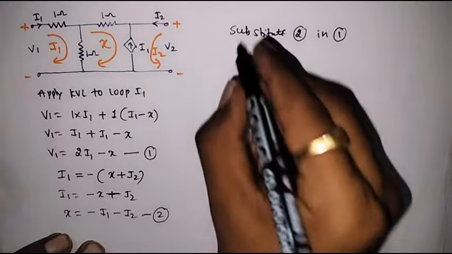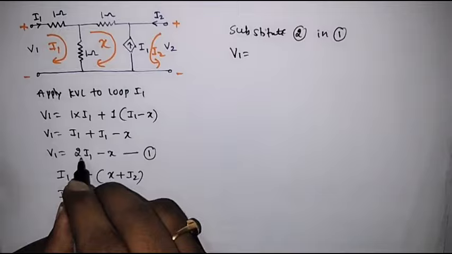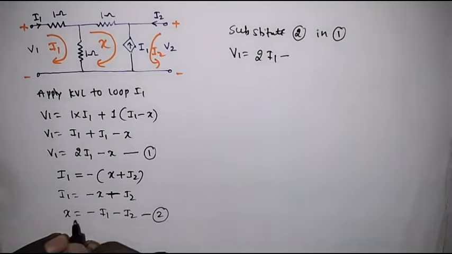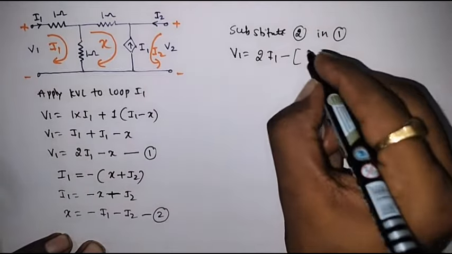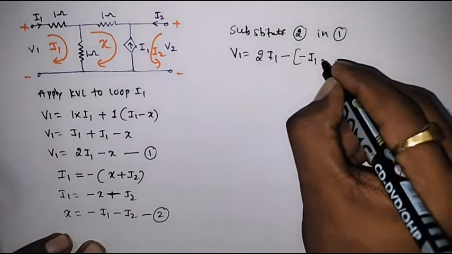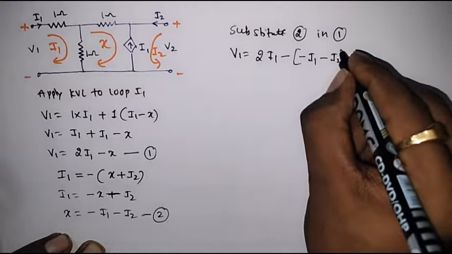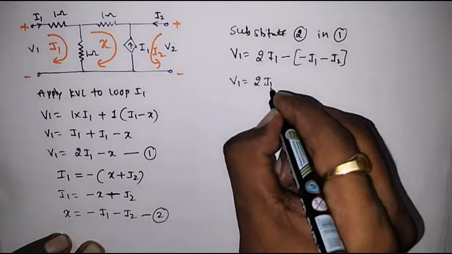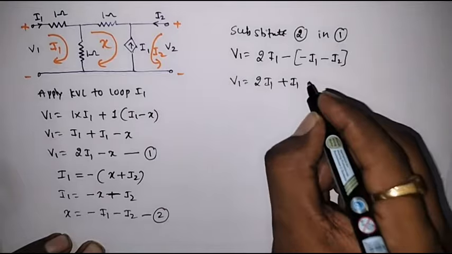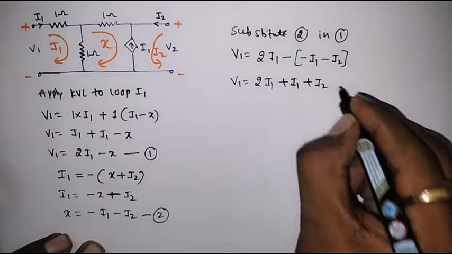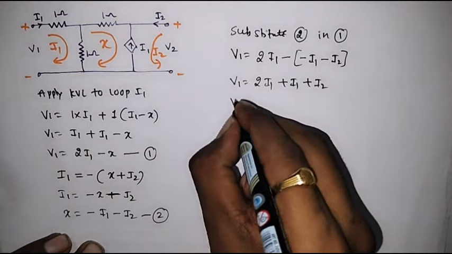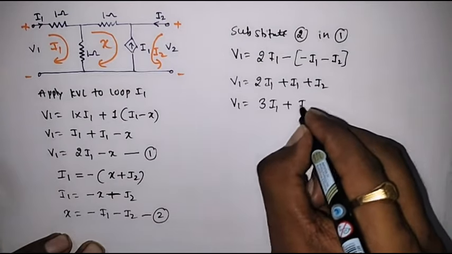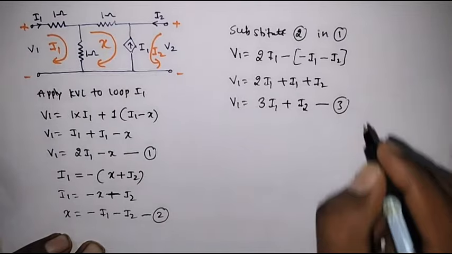We can write V1 is equal to 2I1 minus X. X is nothing but minus I1 minus I2. I'll simplify this. V1 is equal to 2I1 plus I1 plus I2. I'll simplify this further. V1 is equal to 3I1 plus I2. I'll call it equation number 3.